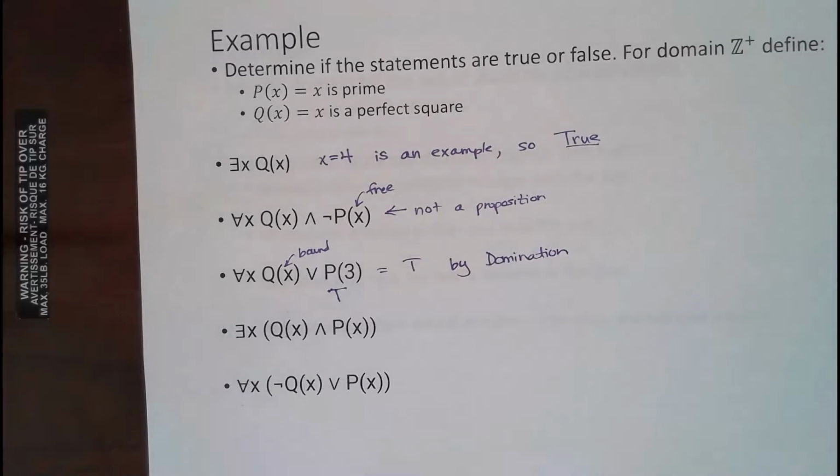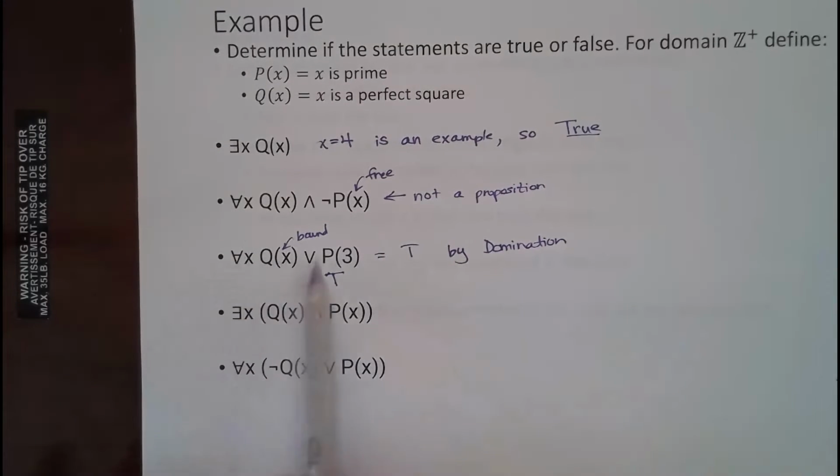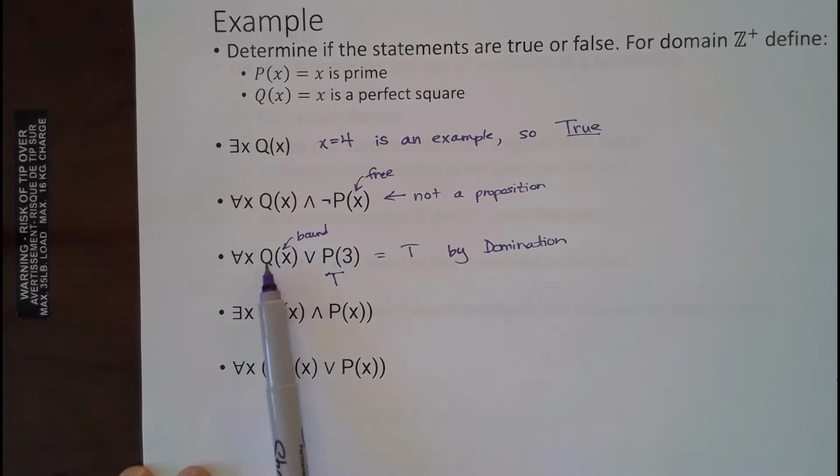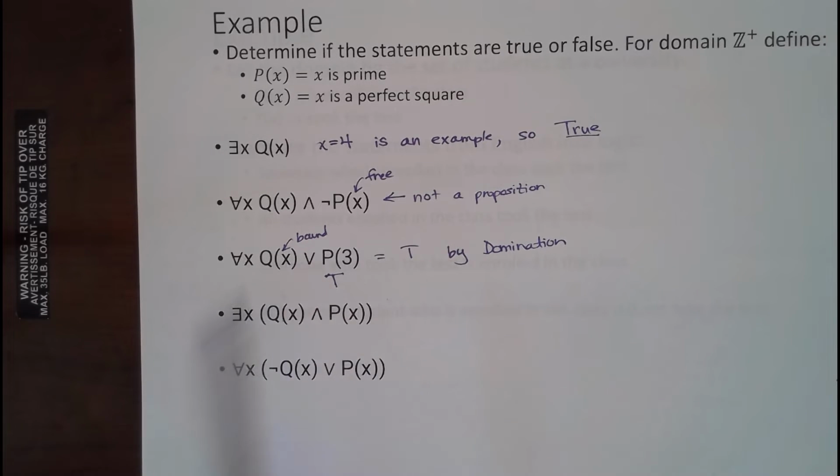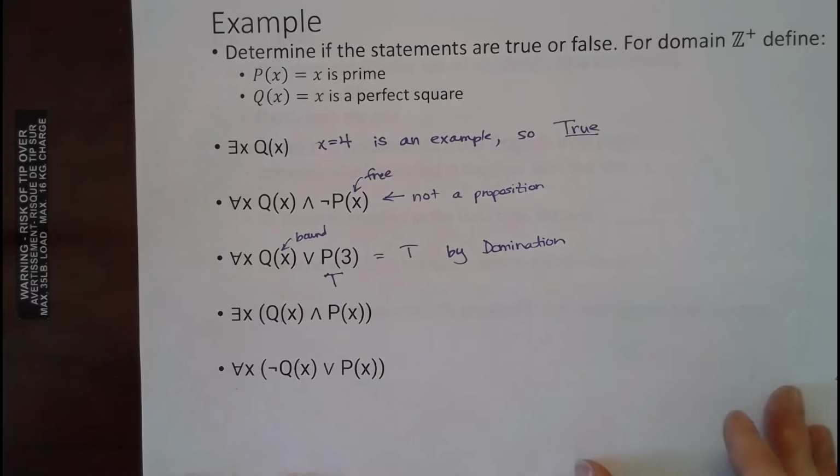The true is dominant over everything else, right? It trumps everything. Okay. So, maybe just for fun, is it true that for all x, x is a perfect square? Definitely not. You can think of lots of numbers that aren't perfect squares. But we don't even have to think about it, just in case you wanted to know.